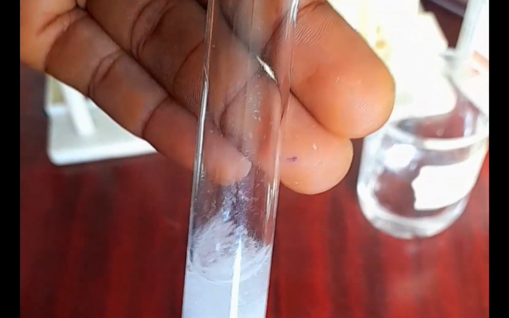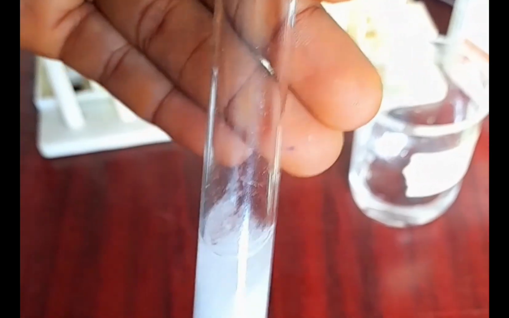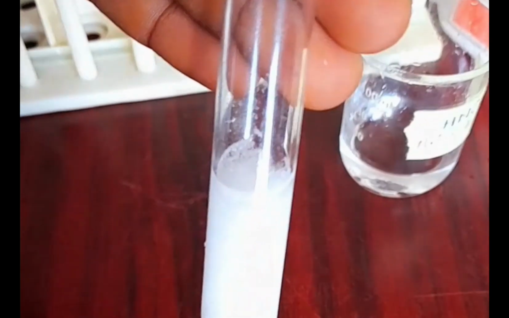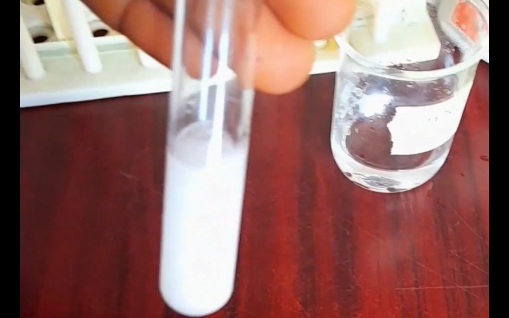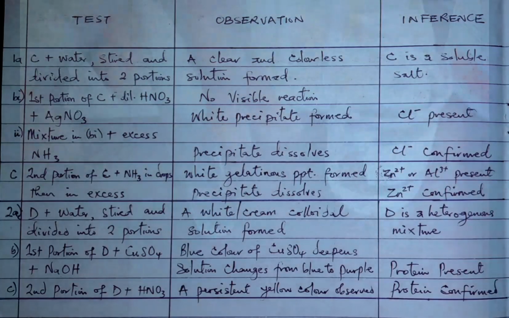But in your exam, with silver nitrate, you go ahead and do II, which is add excess ammonia to the solution that formed the white precipitate, and you will discover that the precipitate dissolves, and you confirm that Cl minus is present.